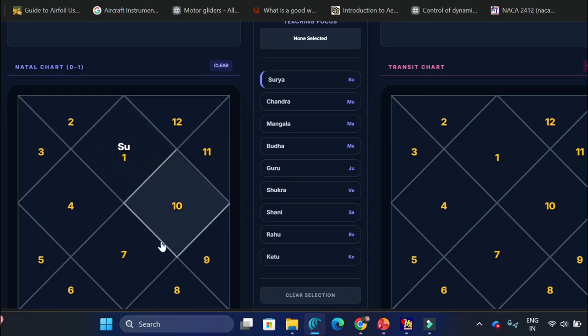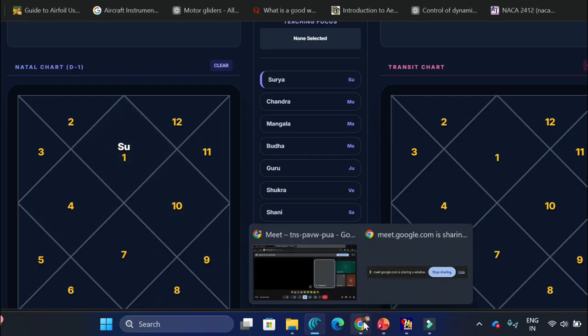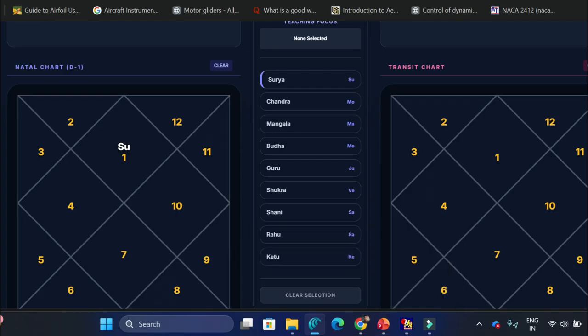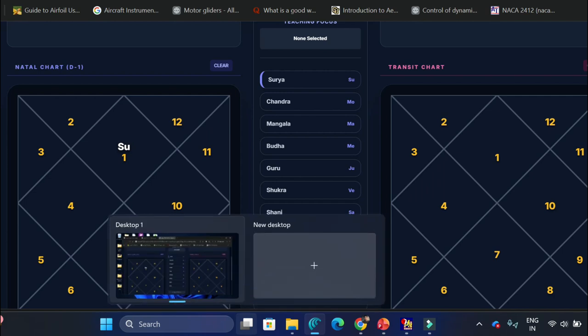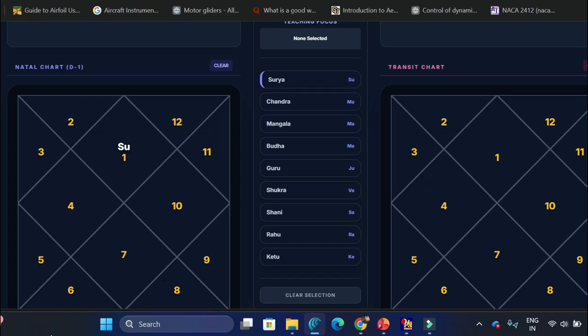Now your Sun is in Mesha. What does it tell about your date of birth? Can someone approximate what his month of birth would be by just this information?